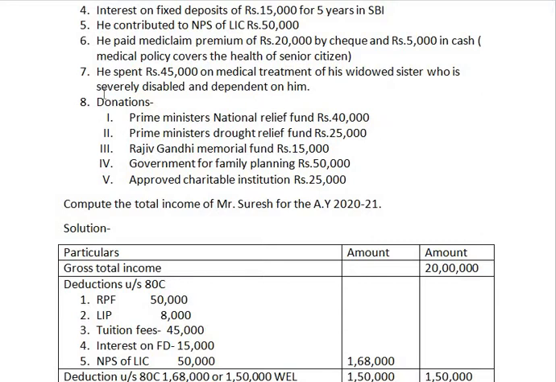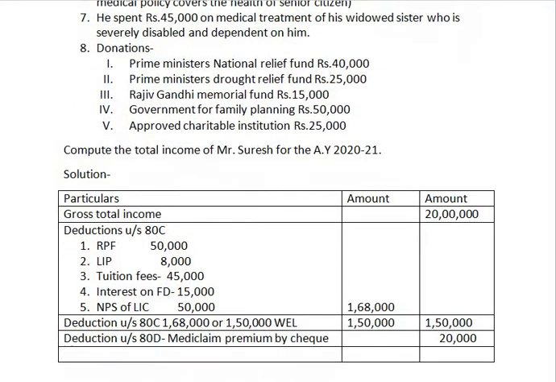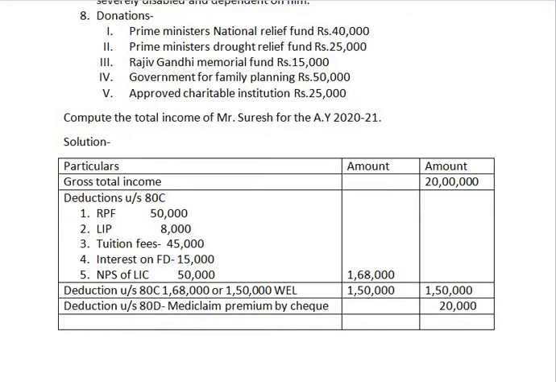And if the dependent is severely disabled, you can claim deduction of rupees 1,25,000. Not up to, but exactly 1,25,000 rupees deduction irrespective of the amount spent.